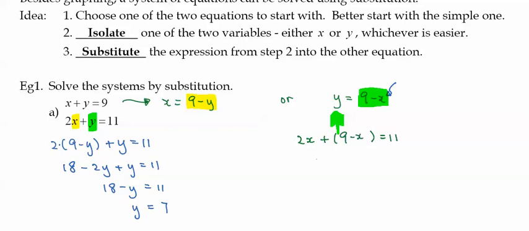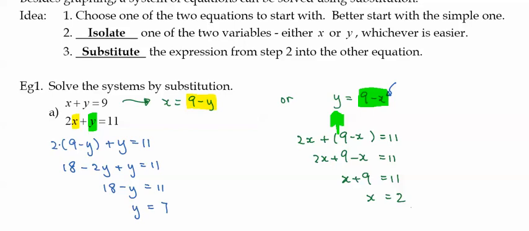And as you solve it, you are going to end up with the same solution. x equals 2. You don't have to solve it in both methods to get the 2 answers.